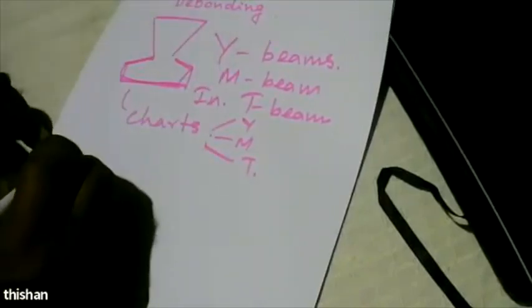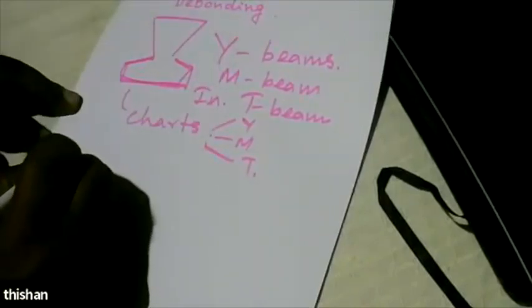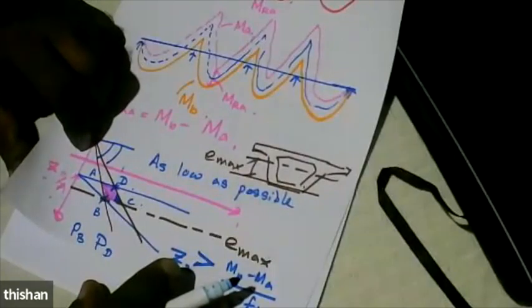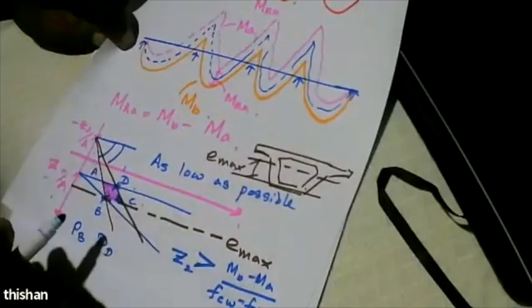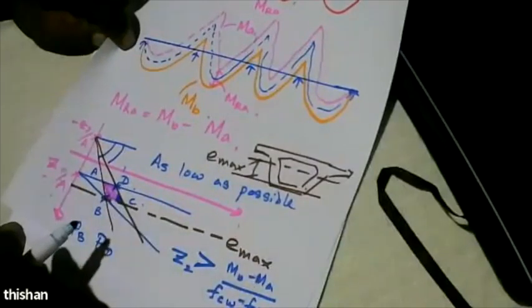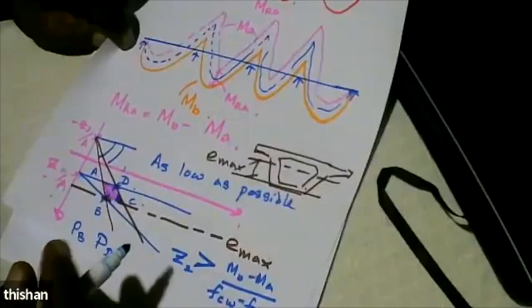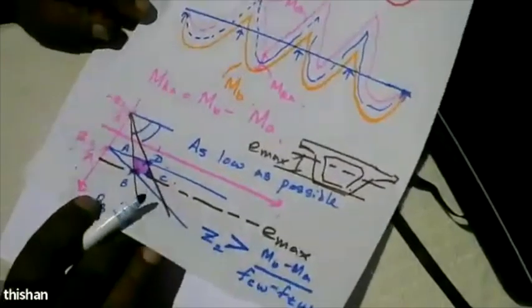So we have a bending moment diagram. You can see we have a bending moment diagram, and if you have maximum moment, minimum moment, you can draw a bending moment diagram, and then you can select a prestress.